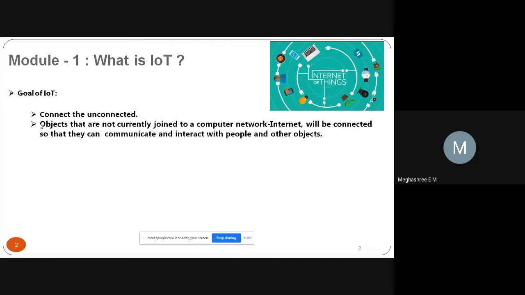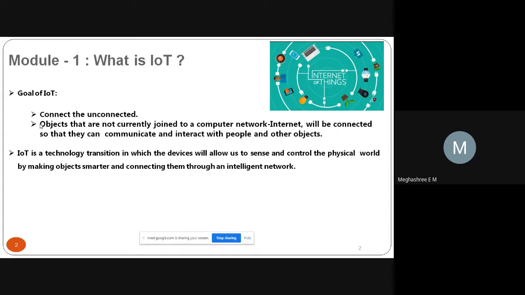But the purpose of IoT is to connect all these objects so that they can communicate and interact with the people and other objects. When these objects are connected to the internet, they can communicate with people as well as with other objects. That is what IoT does, right?